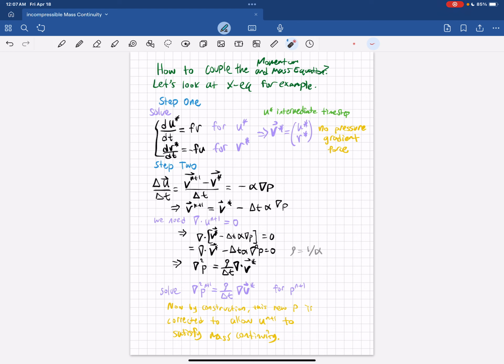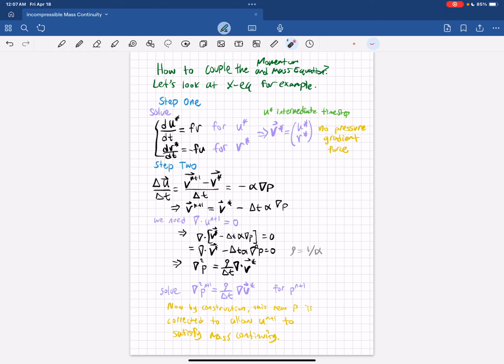And then we can solve this artificial time derivative where we're dealing with this v star term. But to get to our final time step, because we're in this in-between time step, we need to solve this equation: the next time step minus v star over the change in time.